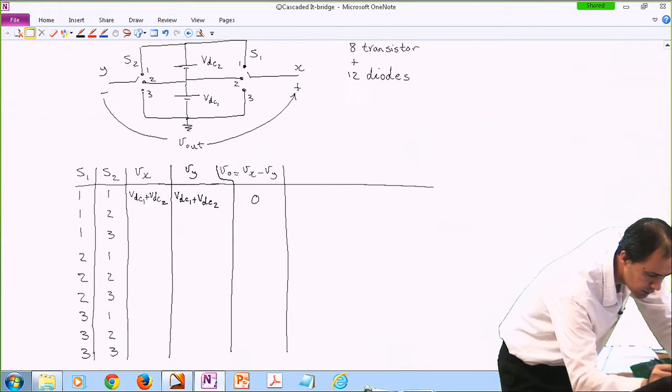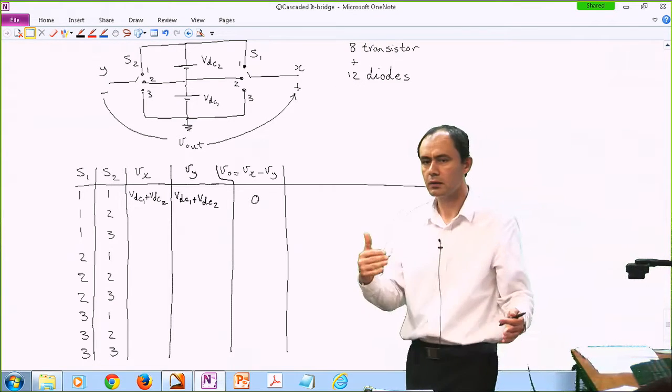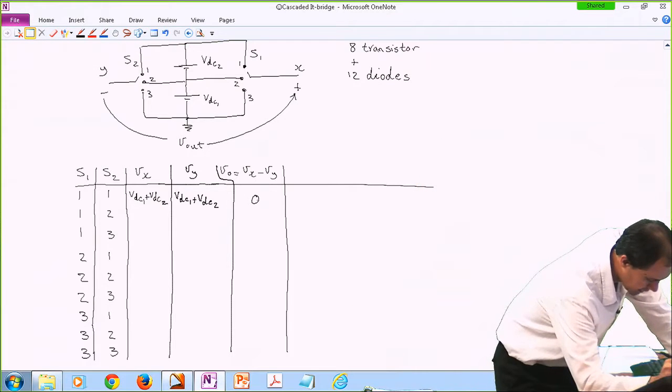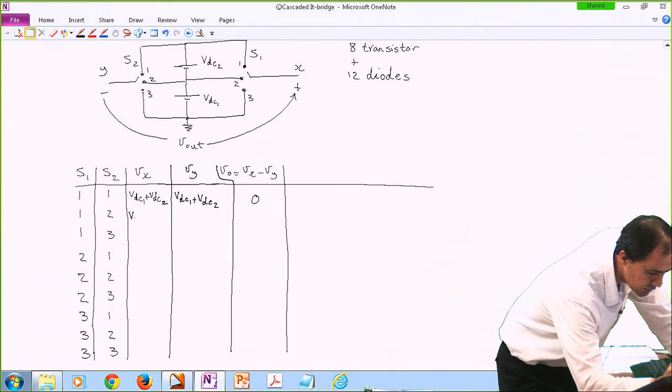And V out is going to be 0 anyway, because we are shorting X and Y to each other. And then in the second case, if S1 is in this first position, VDC1 plus VDC2. And even here we will have VDC1 plus VDC2.